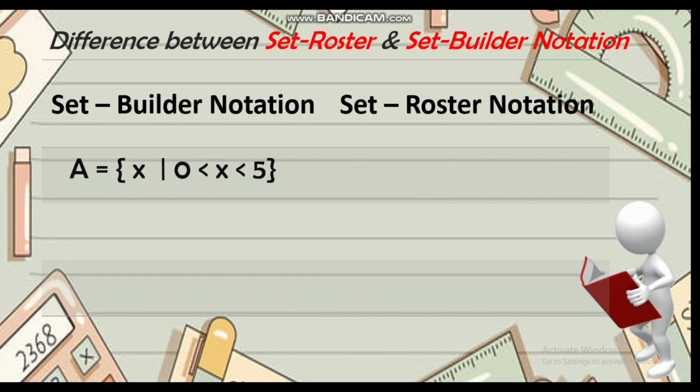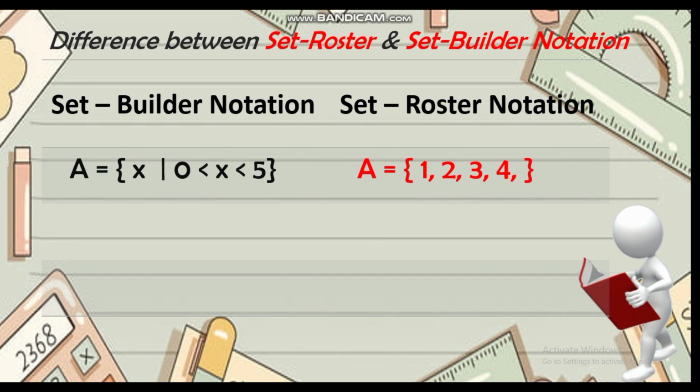It gives a condition: the elements of set A must be numbers greater than 0 but less than 5. In set roster notation, it should look like this: set A is equal to 1, 2, 3, and 4. It no longer includes 5. Set builder only describes, while set roster lists. That is the difference.